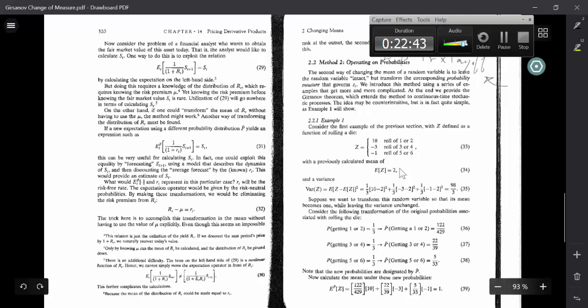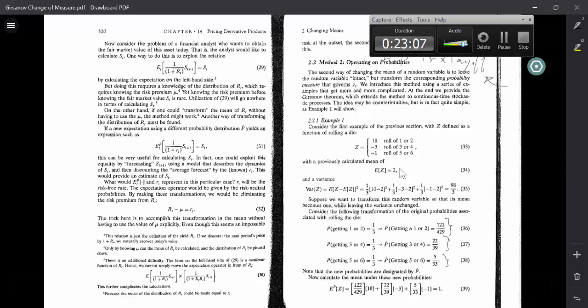Now just bear with me a second. Maybe you're wondering what is going on here. First of all, you don't have to worry where these numbers came from. And you define the probability of getting a 3 or 4 to be 22 over 39, and the probability of getting a 5 or a 6 to be 5 over 33.